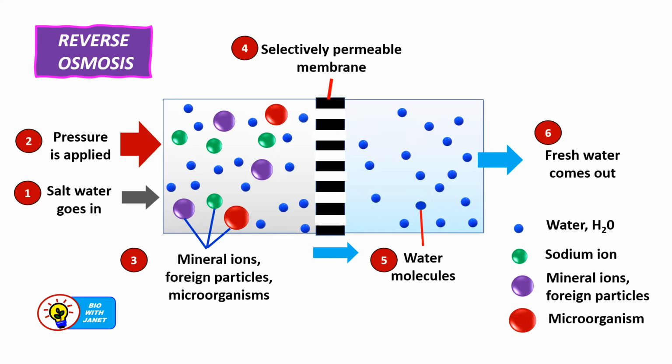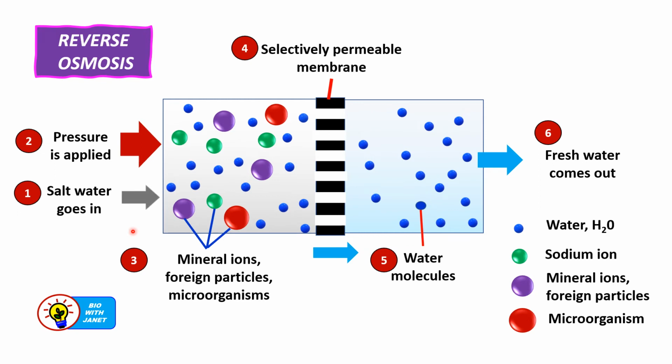Right, so here is an animation for reverse osmosis. In this container, there are two parts separated by a selectively permeable membrane with very tiny holes that only allow water molecules, which are very tiny, to pass through it. In the first section, on the left side, the salt water will go into this equipment.